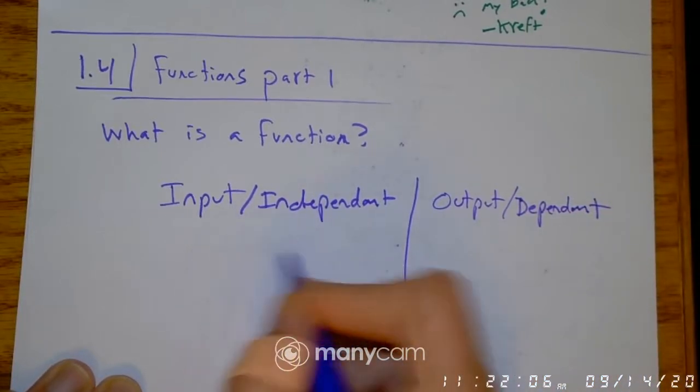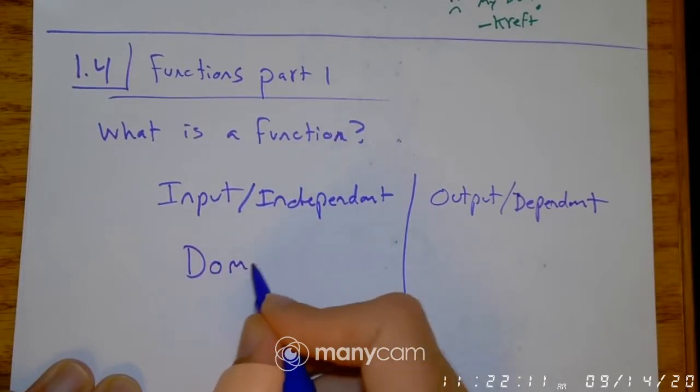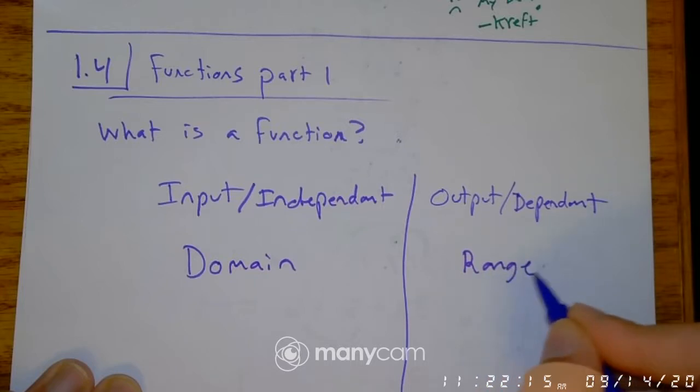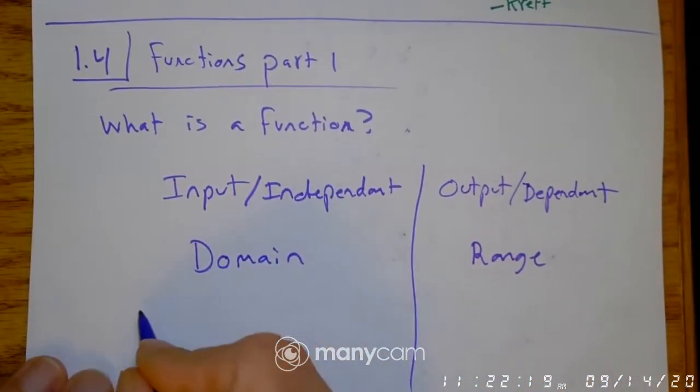Now when we're talking about inputs, we talk about domain versus range. Domain is what works and doesn't work for the input.